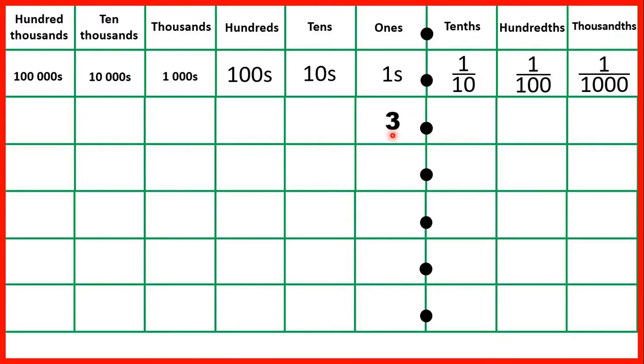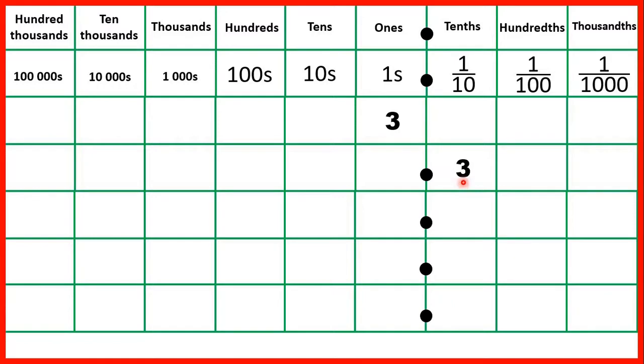So if we just have 3 ones, normally what we just write as the number 3, really we have invisible zeros in all of our other place value columns, and an invisible decimal point on the end of every whole number. But we don't need zeros at the start of a whole number, and we don't need zeros in our decimal place values if we only have 3 ones. And though there's really an invisible decimal point on the end of every whole number, we don't write the decimal point when we're writing whole numbers.